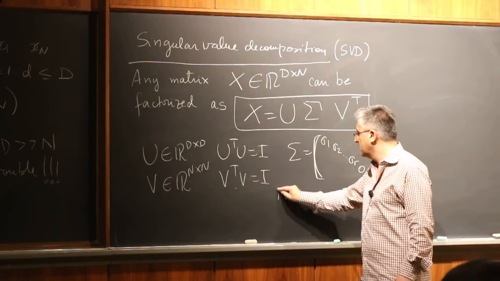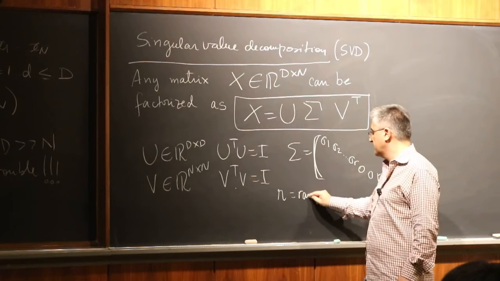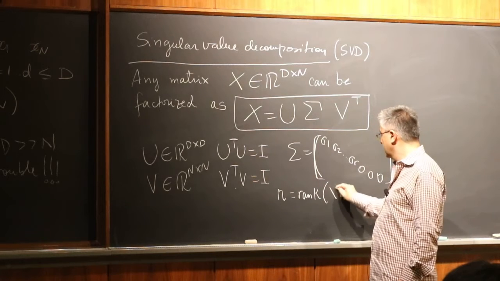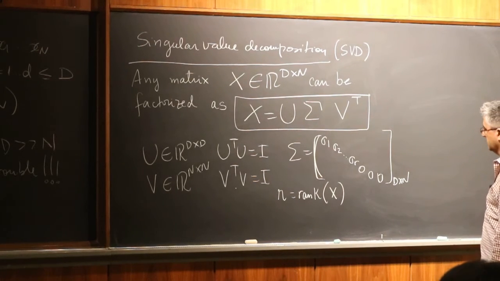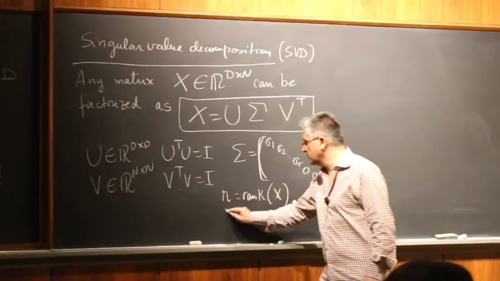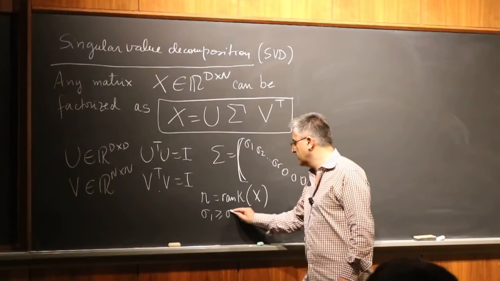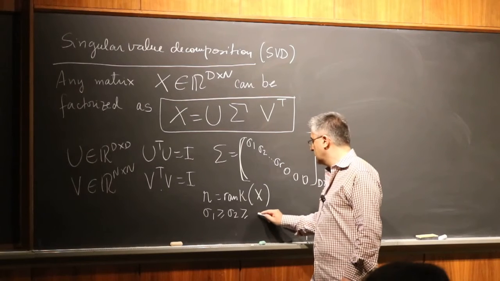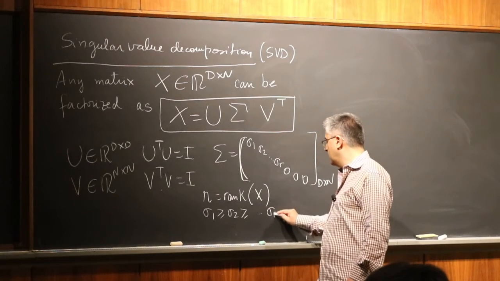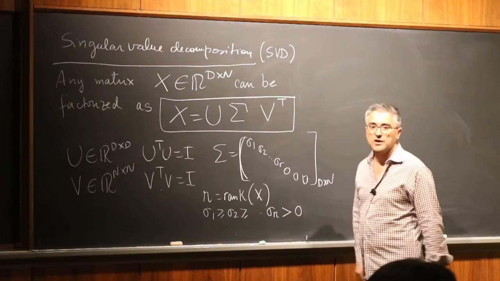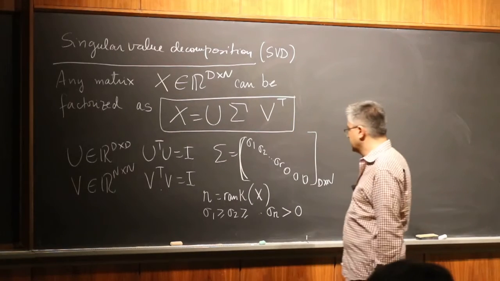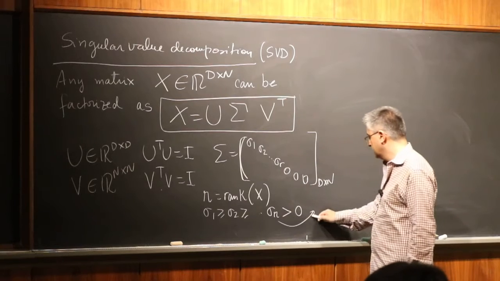Well, R is the rank of the matrix. And what else? The sigmas are in decreasing order. So sigma 1 is bigger than or equal to sigma 2, bigger than or equal to sigma r, and sigma r is strictly bigger than 0. These guys are called singular values.